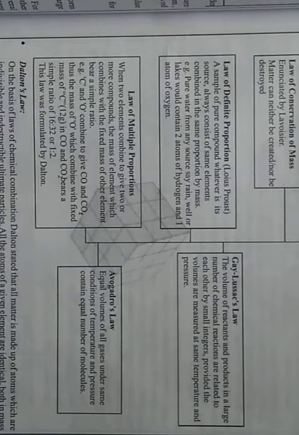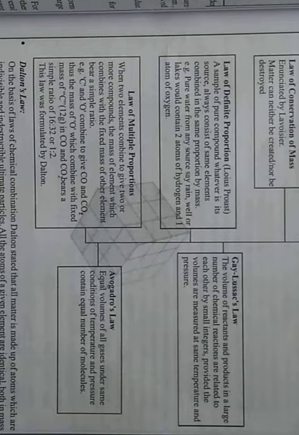The next law is Gay-Lussac's law. The volumes of reactants and products in a large number of chemical reactions are related to each other by small integers, provided volumes are measured at the same temperature and pressure. For example, in the production of ammonia in the Haber process, N2 reacts with H2.